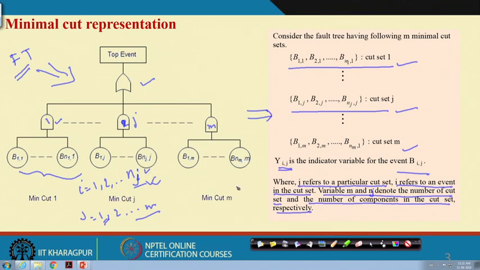So, if there are M cut sets, that means there are M independent ways, and any one of the cut sets leads to the top event occurring.